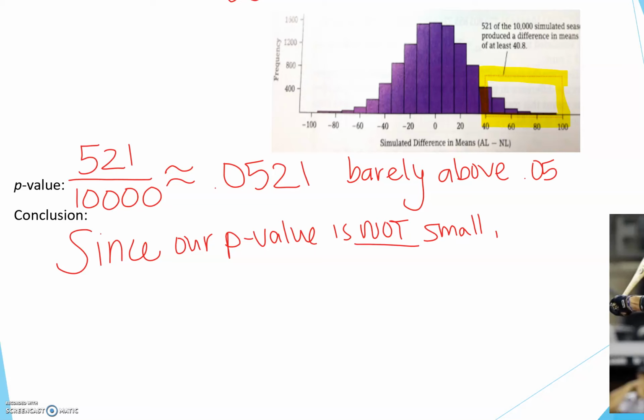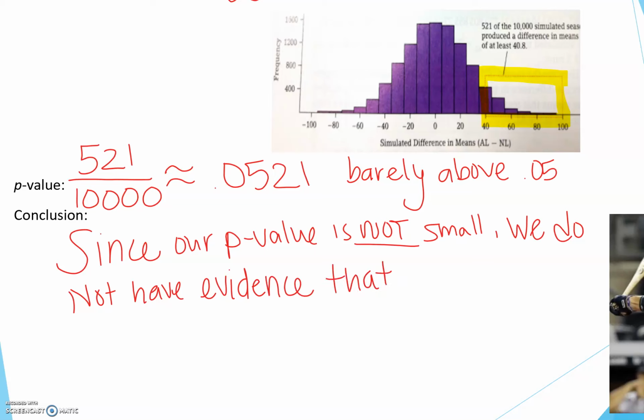Since our p-value is not small, we do not have evidence that the American League has a greater ability. So we do not have evidence for the alternative.